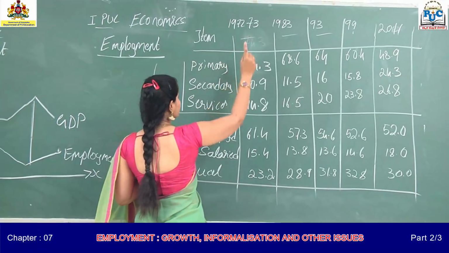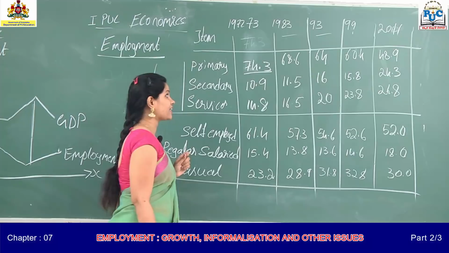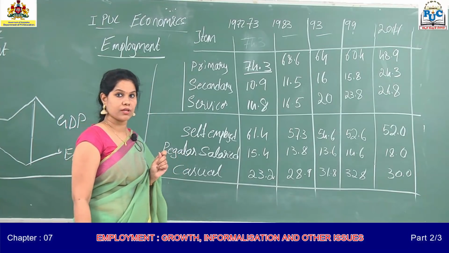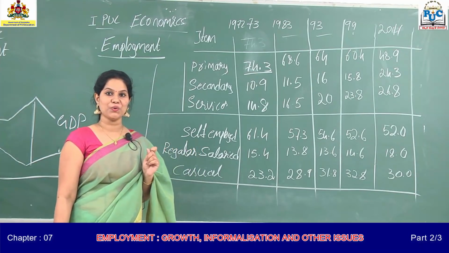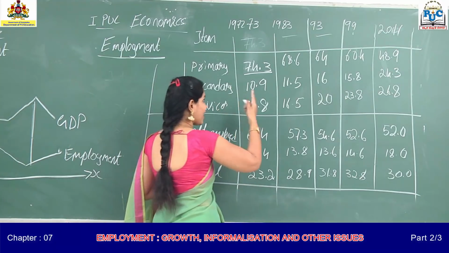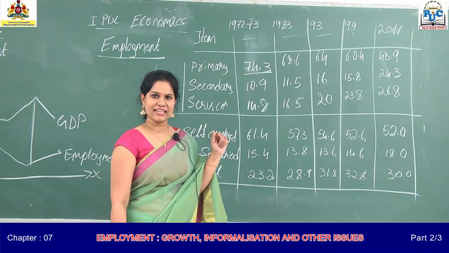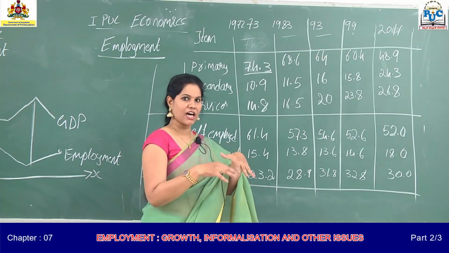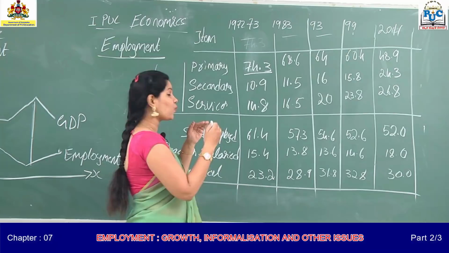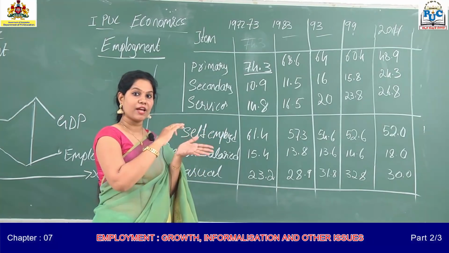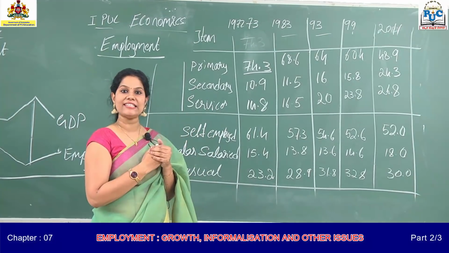In 1972-73, the people who were dependent, that is 74.3%, which is really a very huge number, isn't it? After that, what we are seeing is 68.6, started decreasing, diminishing, coming down, because people now are leaving agriculture and migrating to the industrial and the service sector.